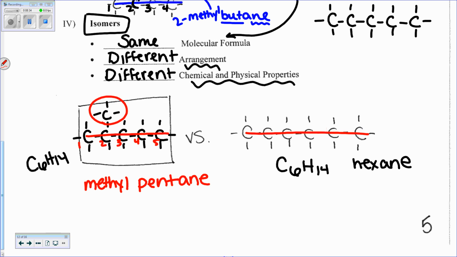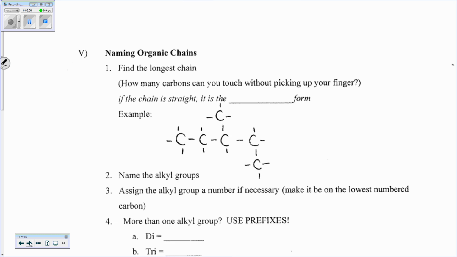So it's on the second carbon, so 2-methylpentane is an isomer of hexane. Remember, isomers have to have the same formula, but they have to look different, and I can tell if it's different if I can touch a different number of carbons. So I've been introducing this naming without actually telling you how to name.